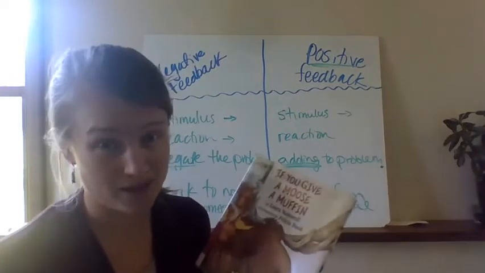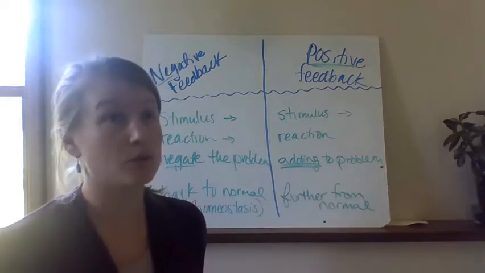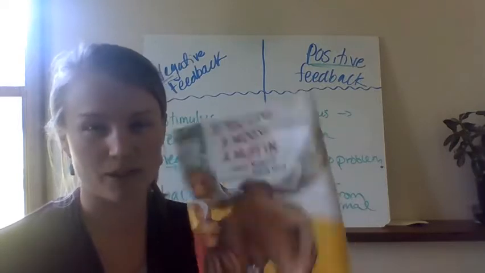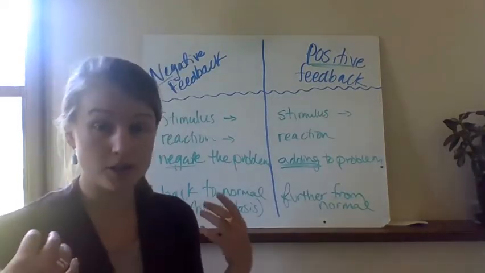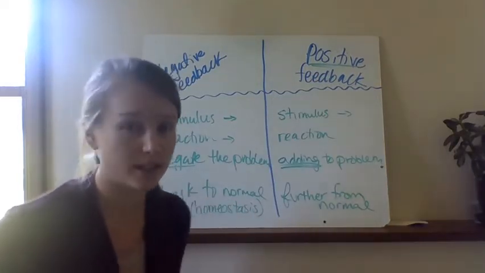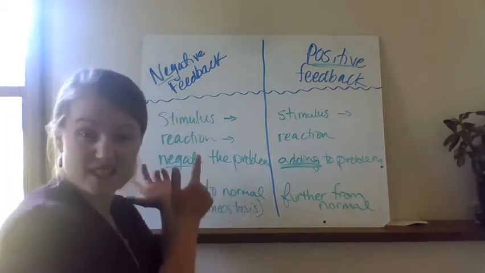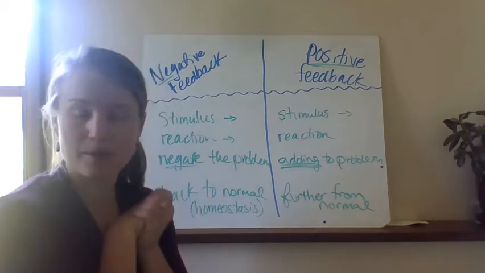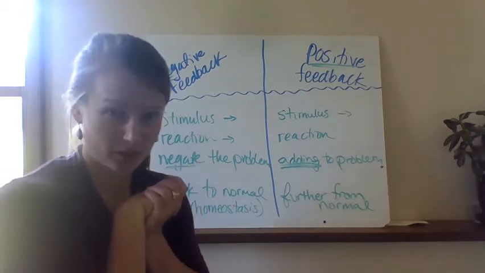All right, so in my opinion, you still have to give the moose the muffin because the title of the book is If You Give a Moose a Muffin. So the moose is going to come into the house, the boy is going to give him the muffin, and then the stimulus is going to be the moose says, "Ooh, could I have some of that tasty blackberry jam with it?"